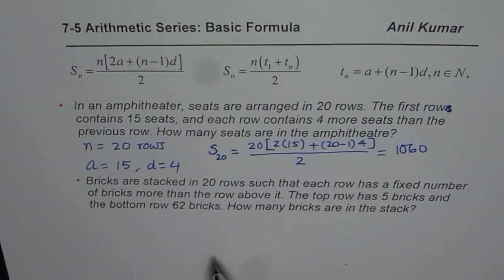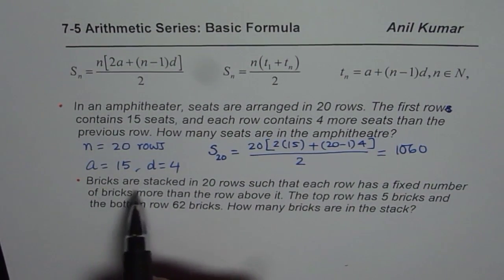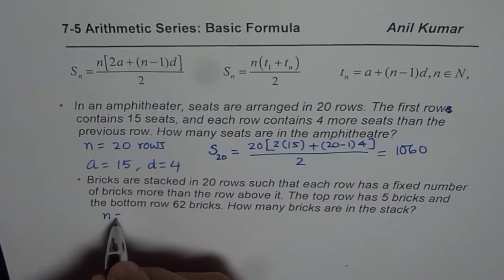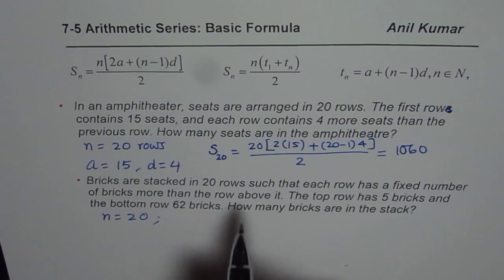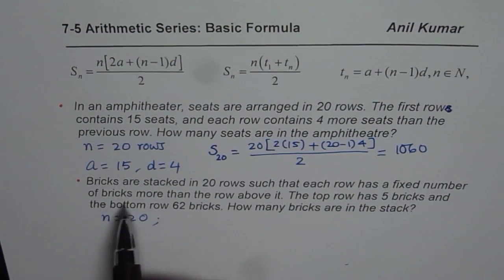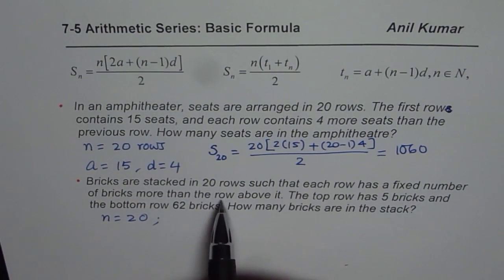Now here, what is given to you? Bricks are stacked in 20 rows, kind of similar, n equals 20. Do you get the idea? Such that each row has a fixed number of bricks more, so we do not know the common difference. We only know it is an arithmetic sequence. That is what we know.